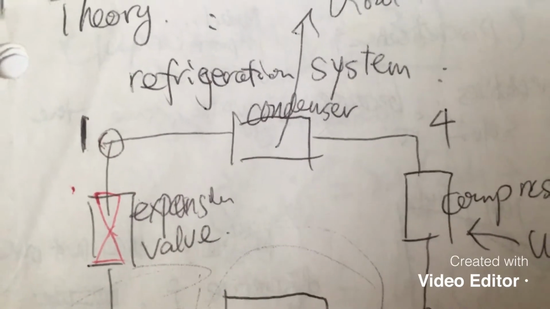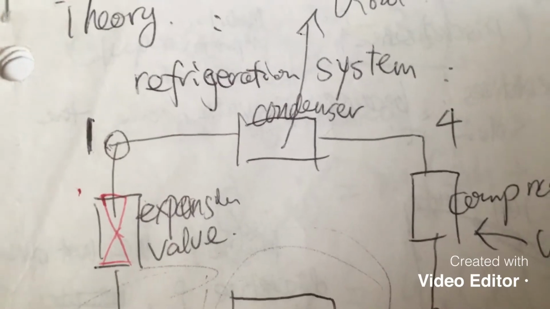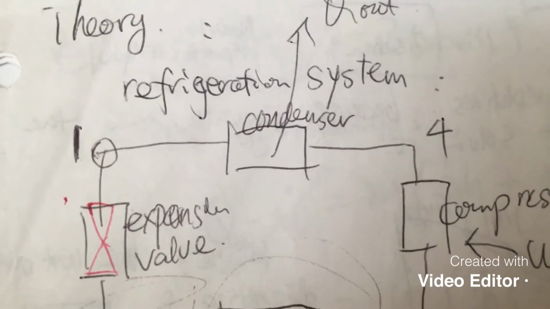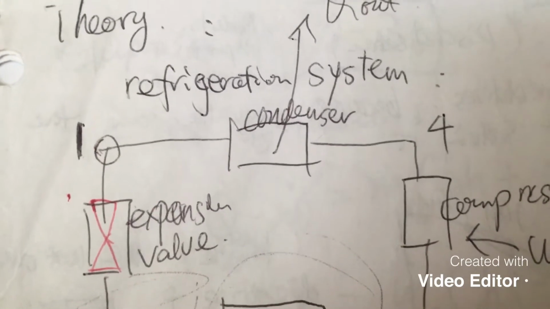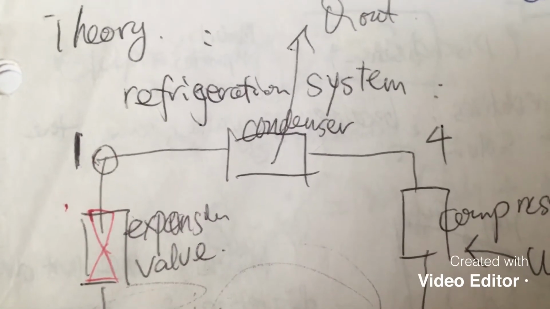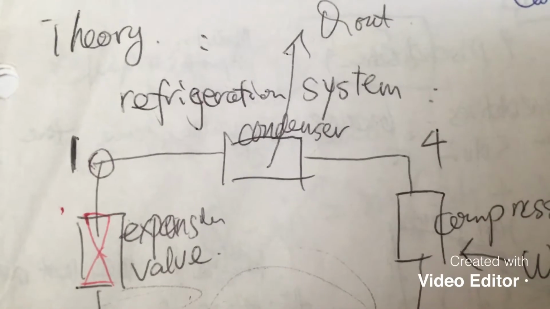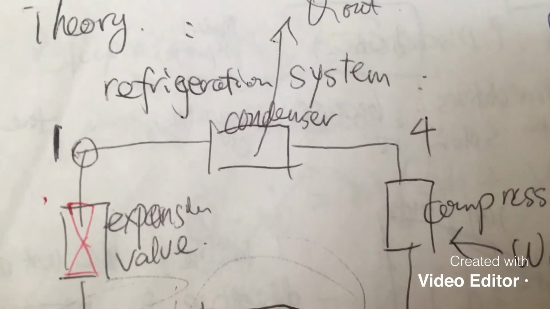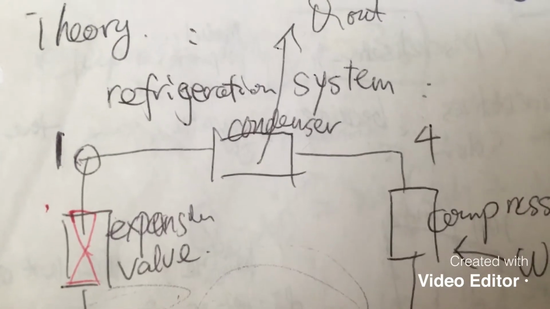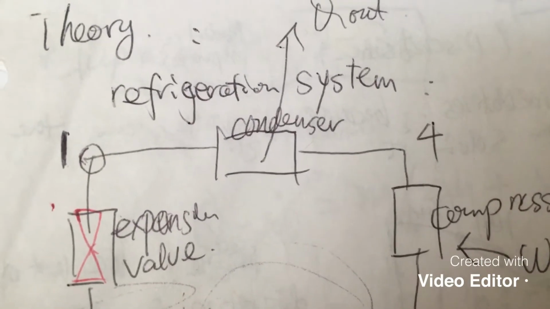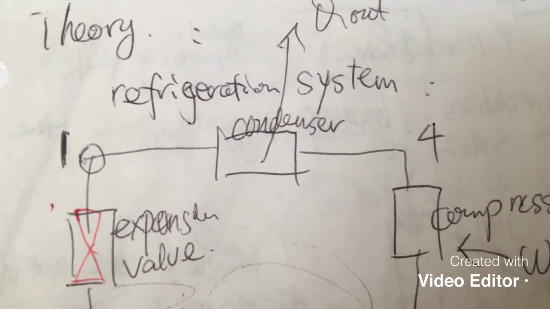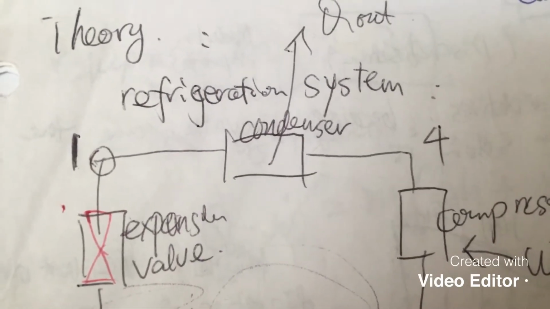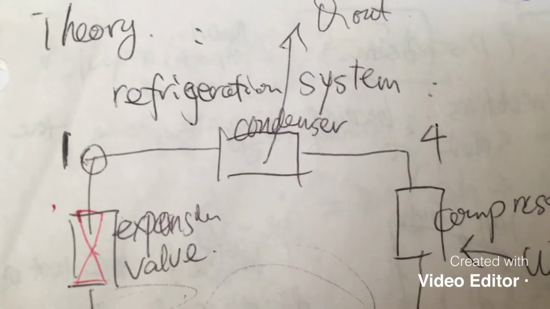If you measure the enthalpy of 1 and 4, so you will have a delta H. So delta H times the mass flow rate will be equal to the heat gain in the water side. What is the equation for heat gain in the water side? M dot C delta T, right?